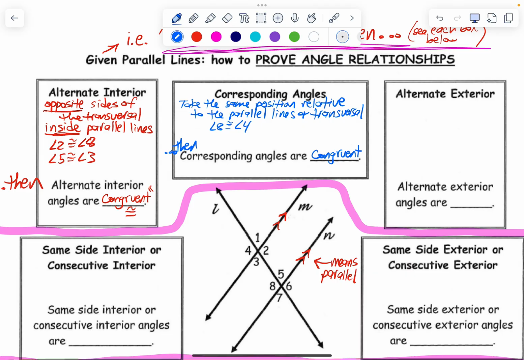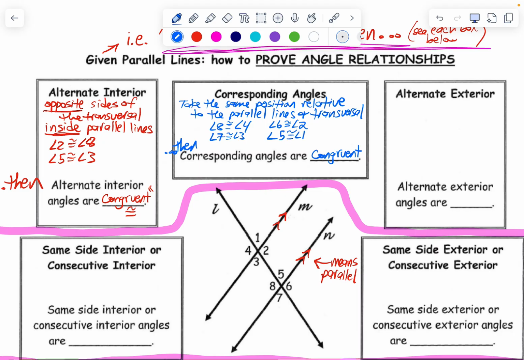Let's list the other pairs of corresponding angles. So angle, what? 3 and 7. Yeah. Angle 7 and angle 3. Okay, how about 6? Good, is angle 2. How about angle 5?